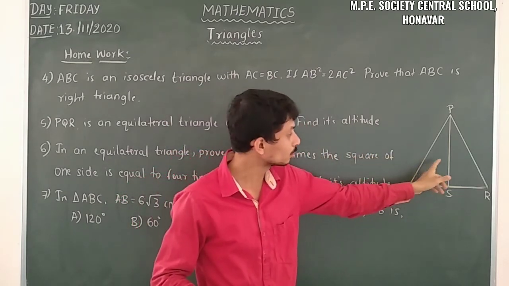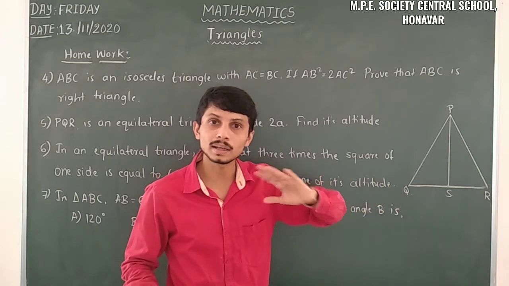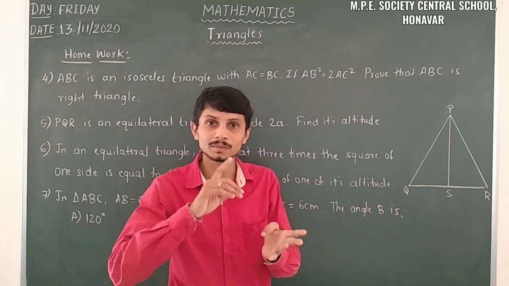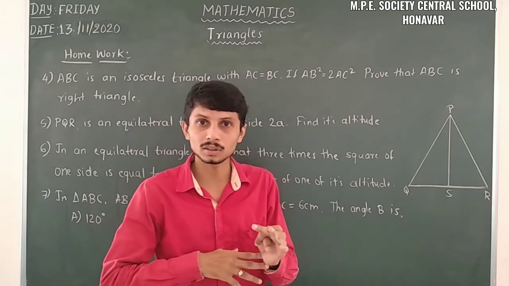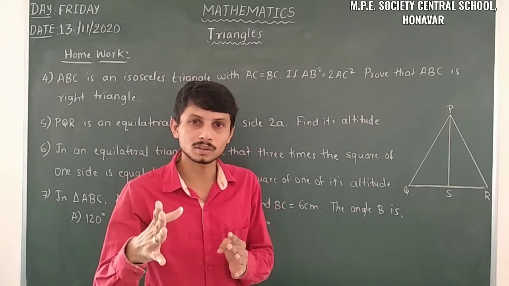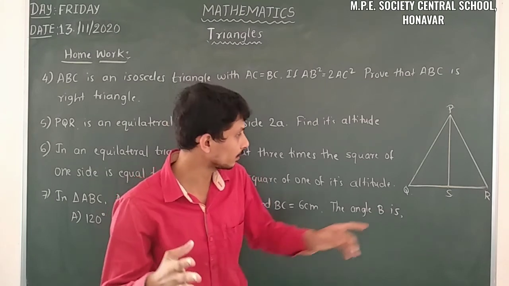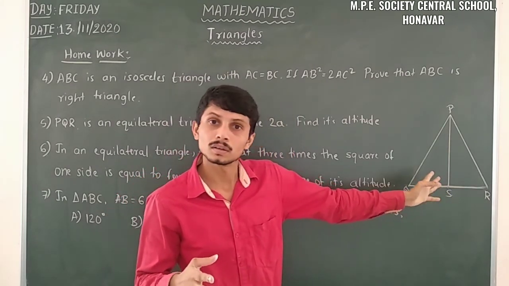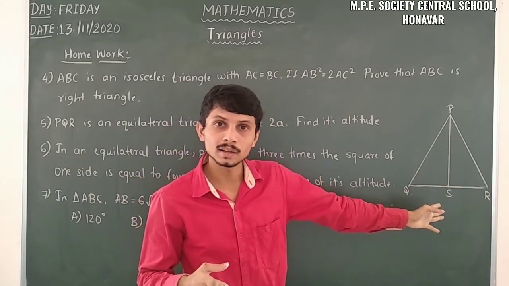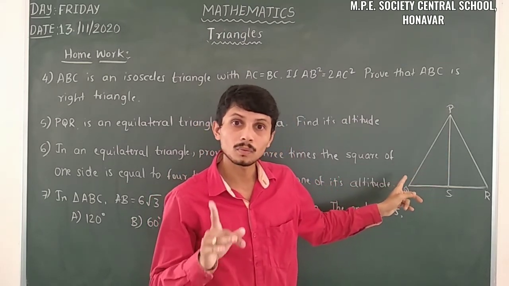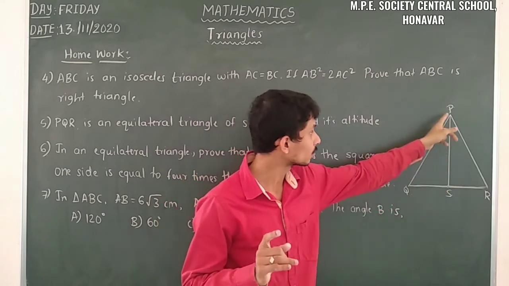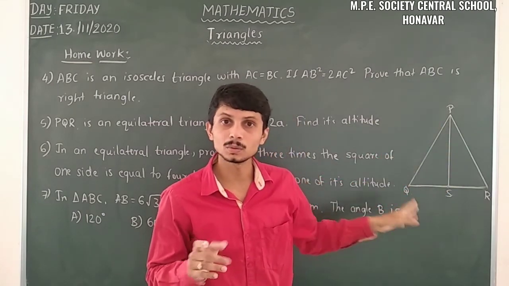So consider those two triangles and take any congruence rule, whether SSS congruence rule or RHS congruence rule holds good. I think RHS congruence rule is better. So here we have one pair of right angle triangles, and the hypotenuse of both are equal, and one of the sides is equal, that is the common side, PS. So PS is equal.